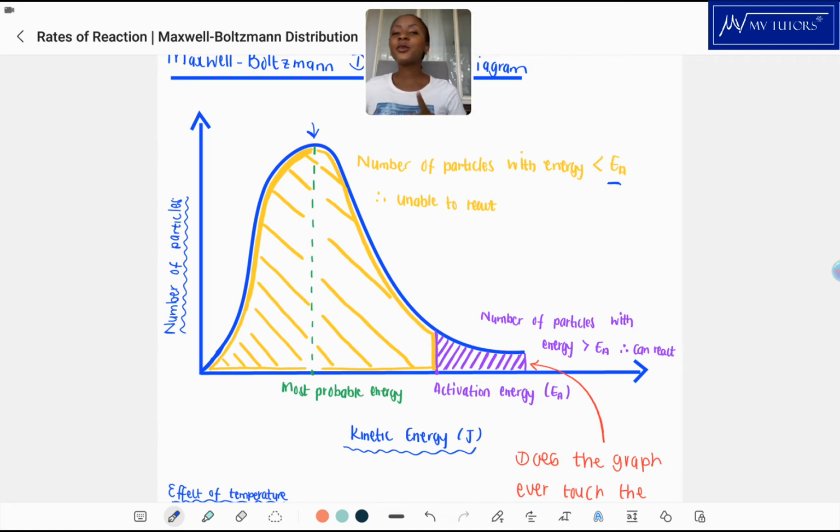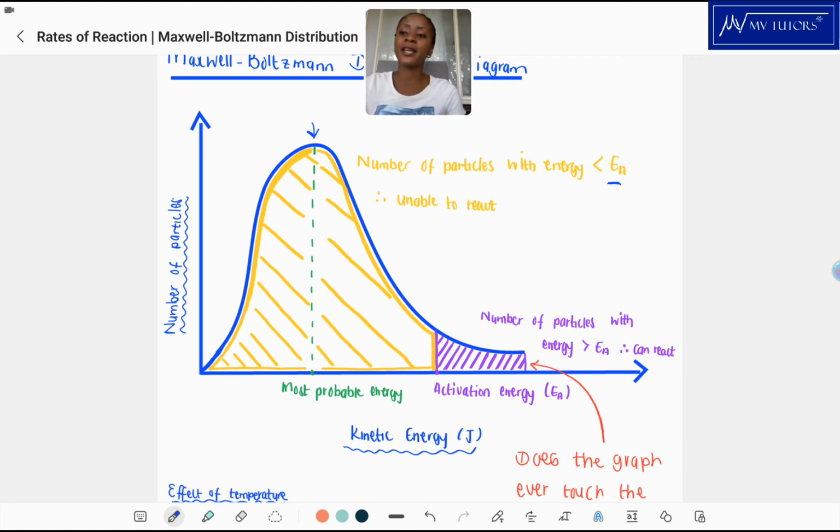If you remember maths, stats, you have a mode, you have a mean, and you have a median. Here this most probable energy refers to the mode. In this case, your particles are likely to have this energy here.